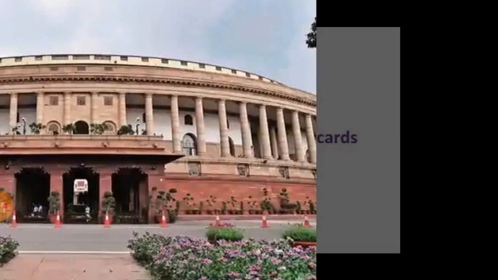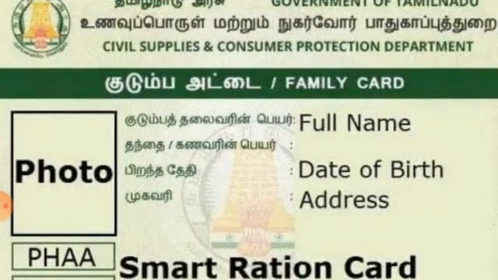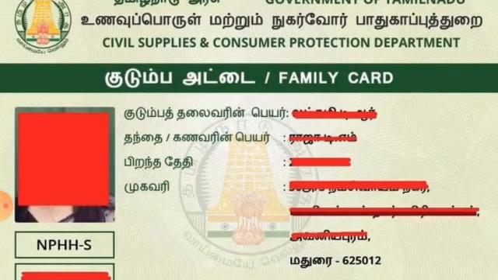Okay, next, biometric smart family cards. The government of Tamil Nadu has declared that smart family cards will be issued in lieu of existing family cards. It has also been mentioned that the Director of Census Operations under the National Population Register is conducting biometric capturing of 10 fingerprints, 2 iris scans and face scan of citizens to issue a unique identification number.